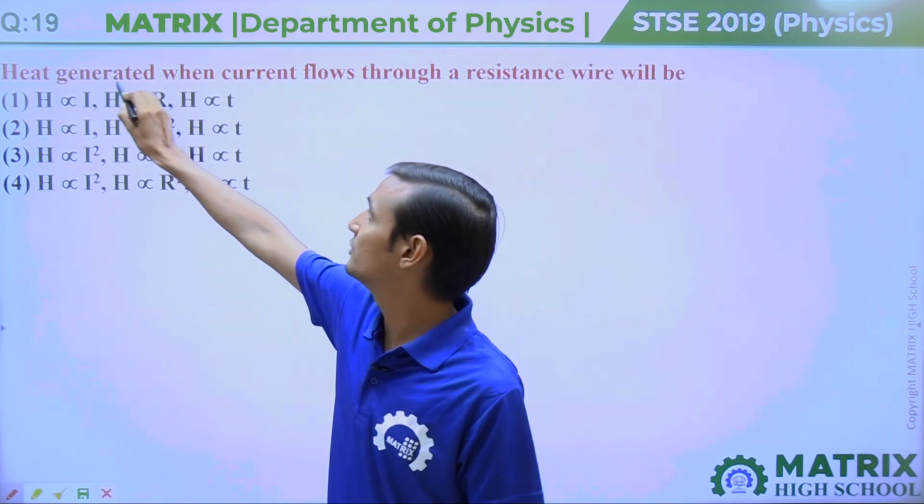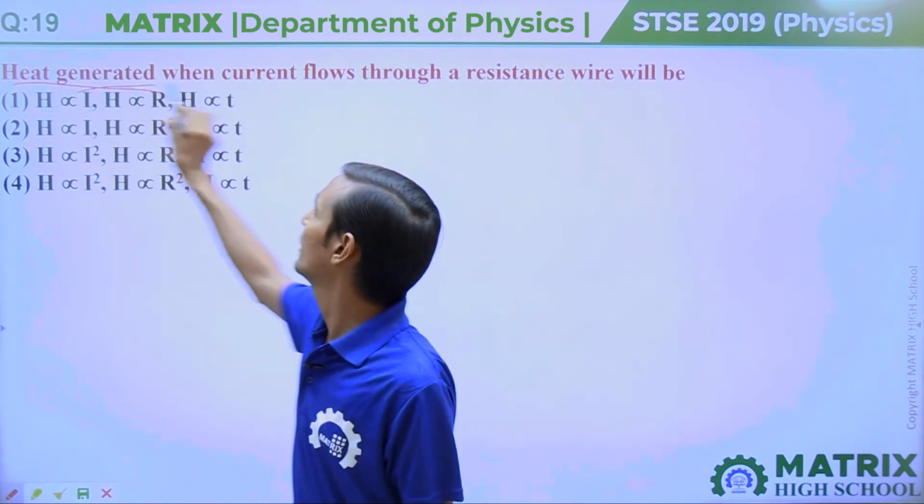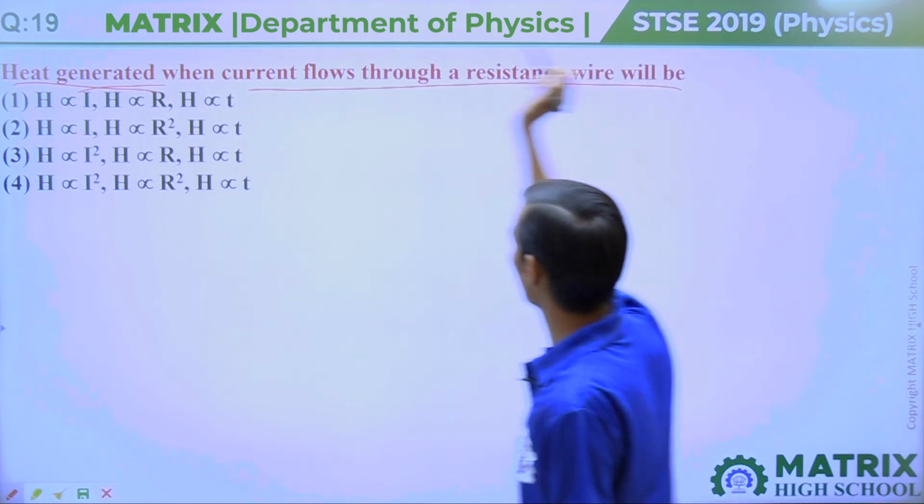In this question, heat generated when current flows through a resistance wire will be.